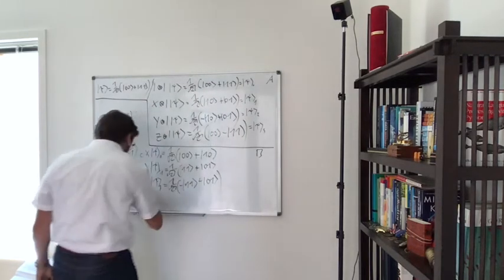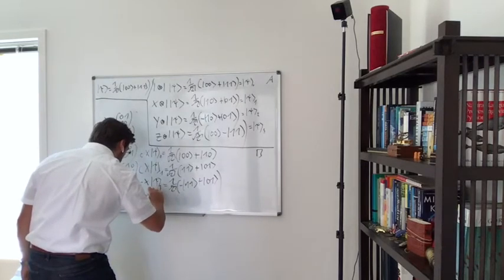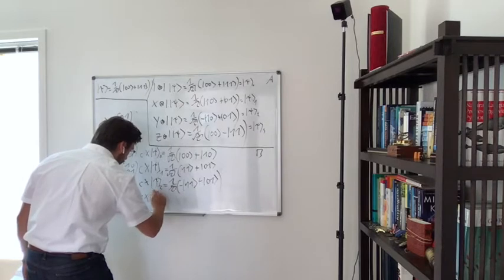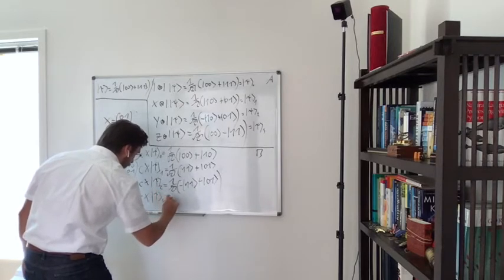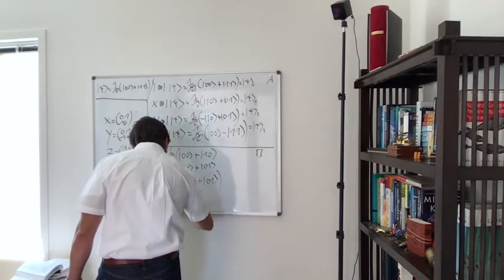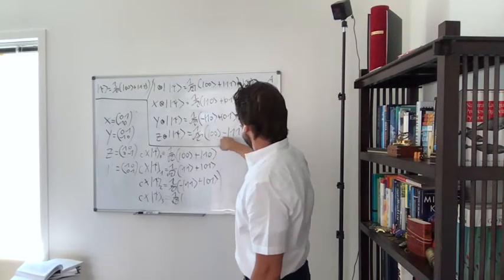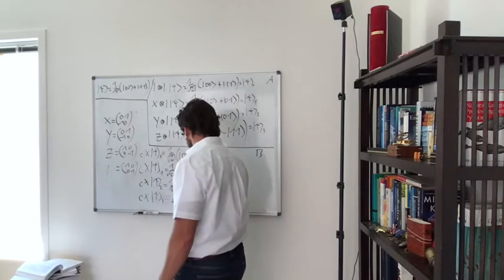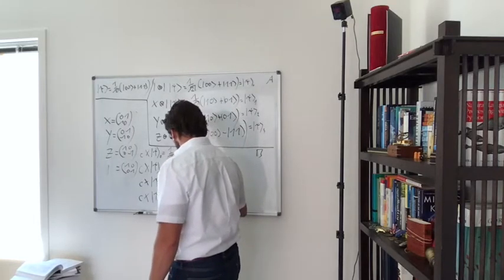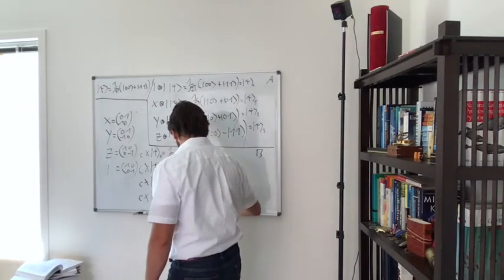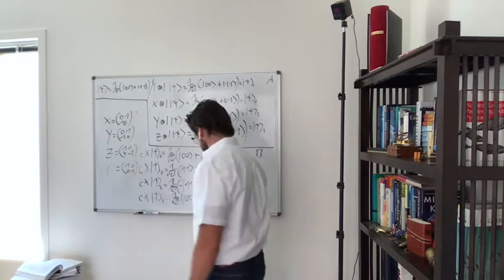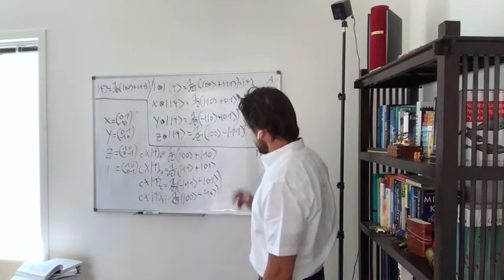And for the last one, we apply again our controlled NOT operation. Okay, this is psi 2, sorry. We apply it to psi 3 here. Psi 3 becomes 0, 0 minus 1, 0. We're still not done yet.